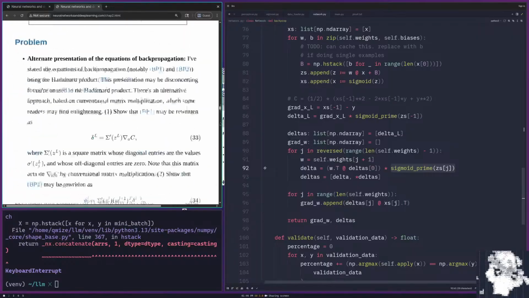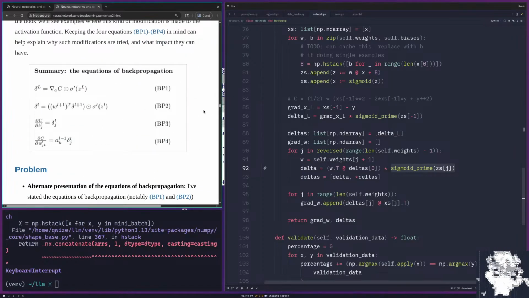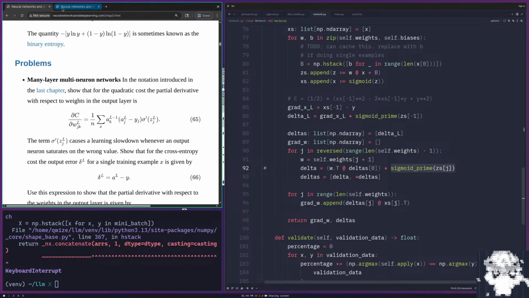Here they are. So derivative of C with respect to w is activation of the last layer times delta of this layer. And they're asking me to prove that that's equal to this thing.